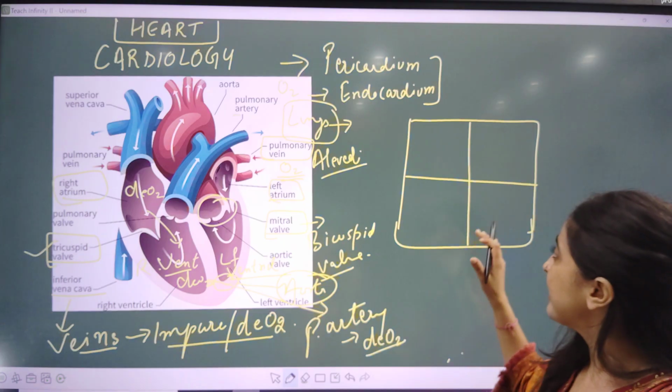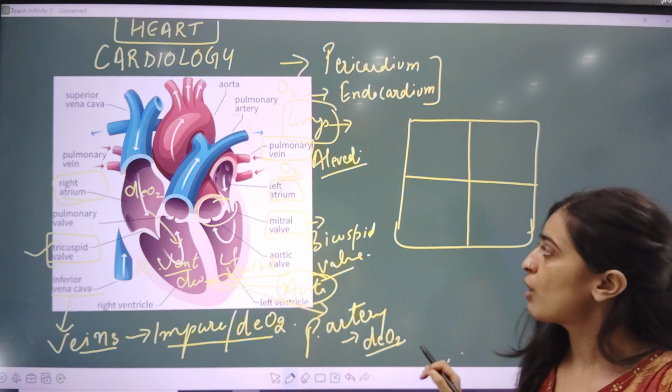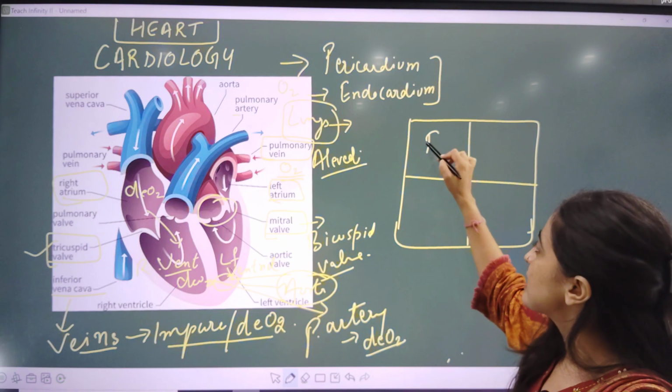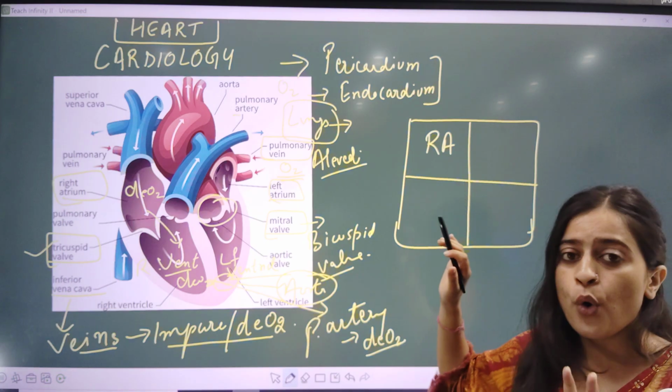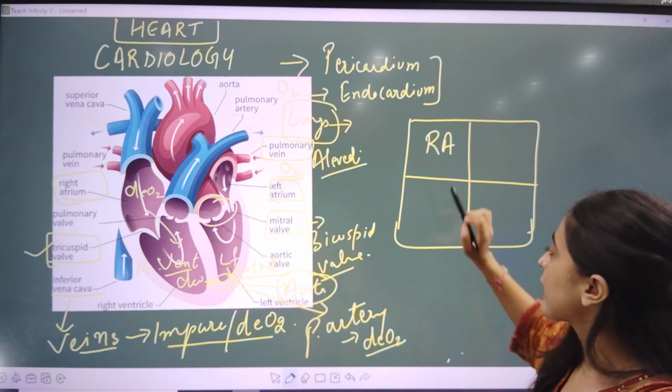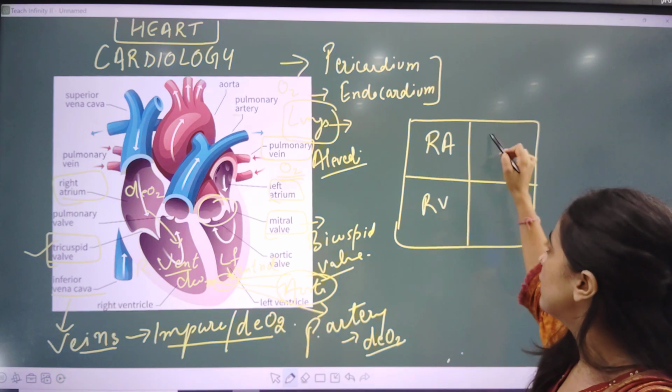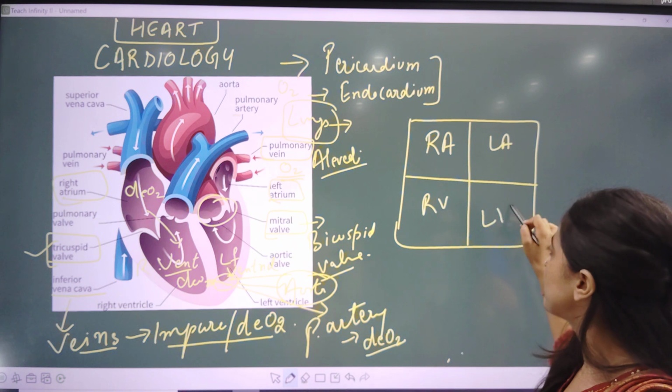Let me summarize with the diagram. There are four chambers in the human heart: right atrium, right ventricle, left atrium and left ventricle.